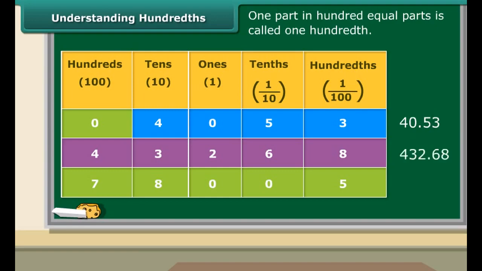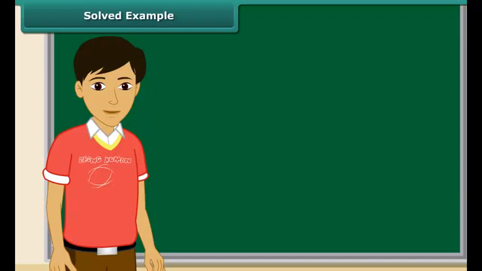Now pay attention to the third row. 7 hundreds plus 8 tens plus 5 hundredths will make 780.05. We can extend the place value table further from hundredths to thousandths.